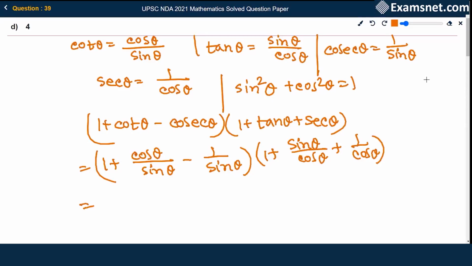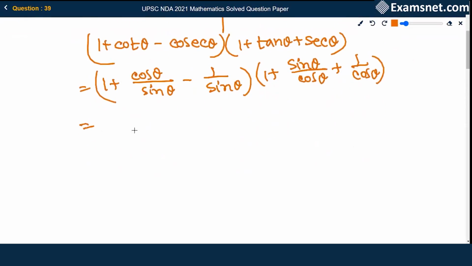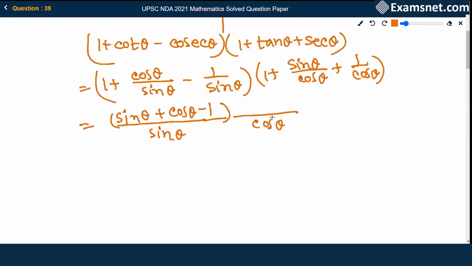Let's take the LCM: sin theta plus cos theta minus 1 over sin theta, times cos theta plus sin theta plus 1 over cos theta.